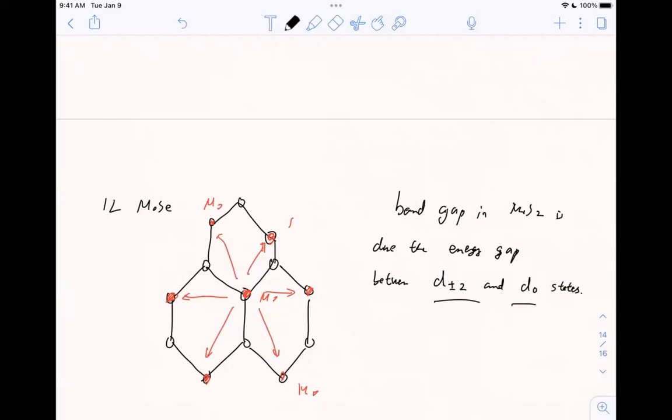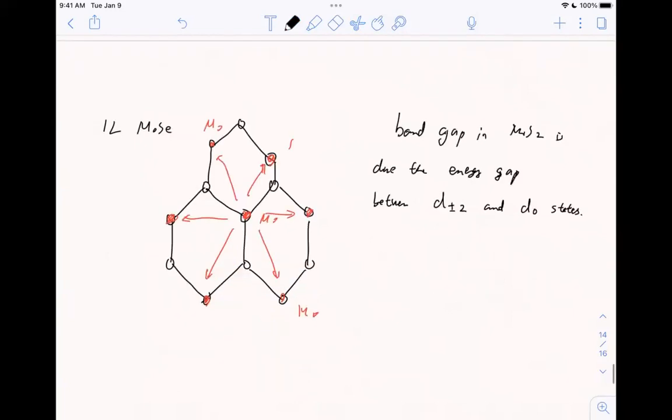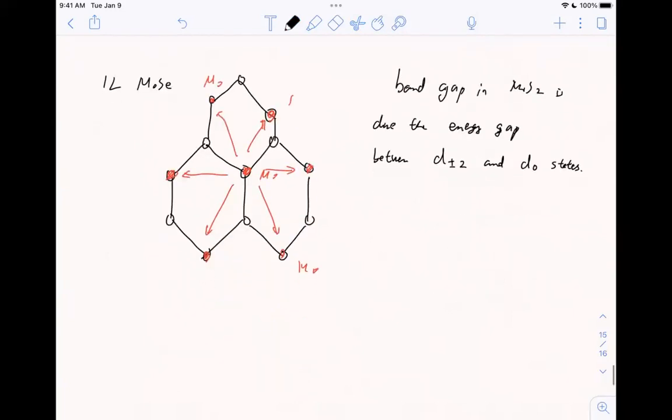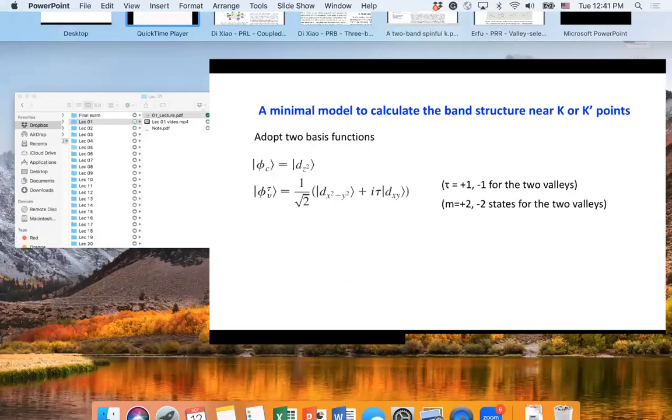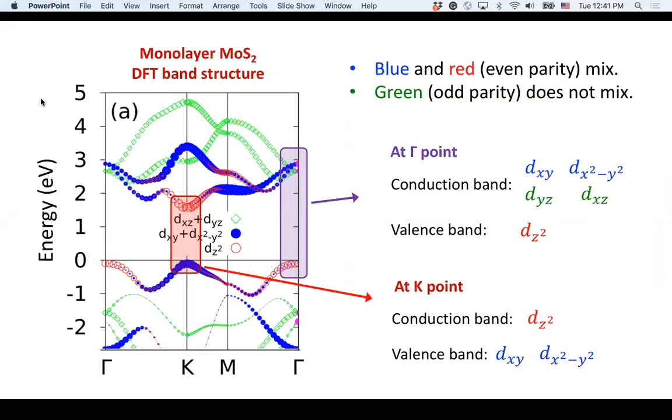So these are the states inside the atom. So the MoS2 band gap is from the atom, because if you go to our PowerPoint, where's my PowerPoint? If you go to my PowerPoint, this is, I mean, not exactly due to the atom.